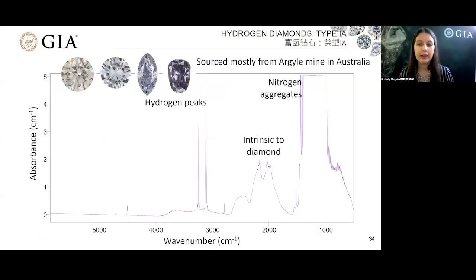We'll switch to another class of blue diamonds, those colored by hydrogen. These are largely sourced from the Argyle mine in Australia. They are very distinctive in their IR spectra as well. Their IR spectra are very different from the type 2B diamonds we looked at earlier.